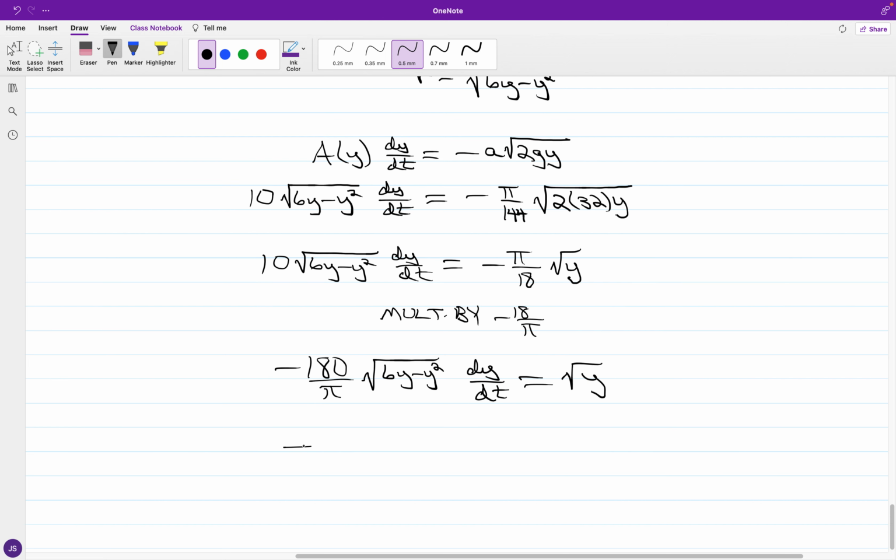In the rewrite, we have negative 180 over pi, and now for the radical, we can say we have the square root of 6y minus y squared over y, like 6y over y becomes 6, and we have y squared divided by y inside the radical. That's going to leave us with the subtraction of y.